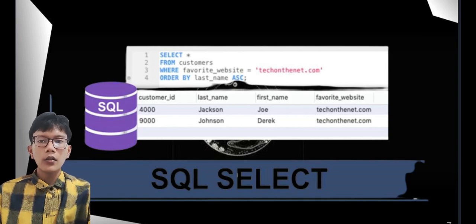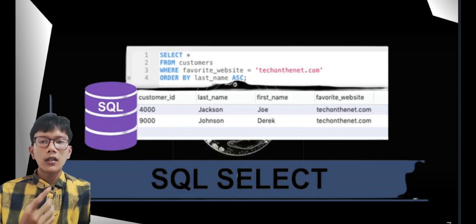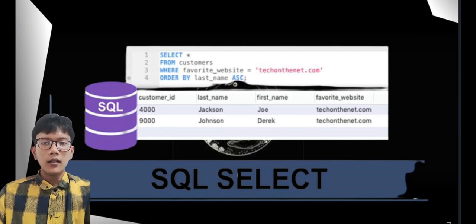You can use the where clause to specify conditions that filter the rows to be retrieved based on specific criteria. Example, select name, age from customer where age greater than 18. It retrieves the name and age columns from customers older than 18.